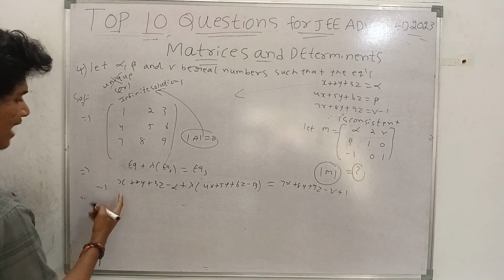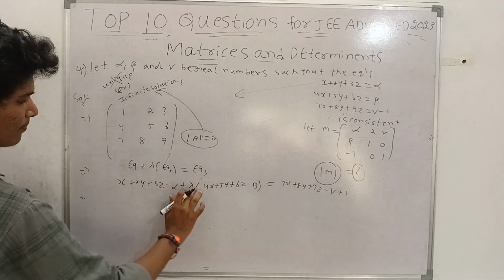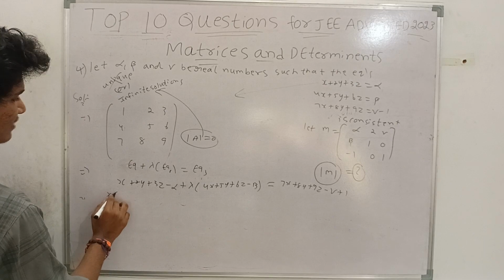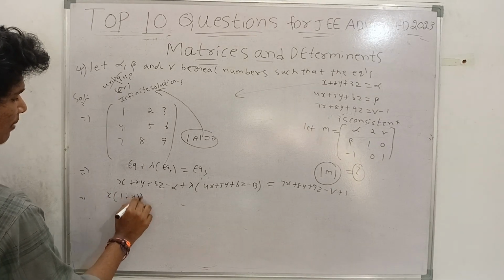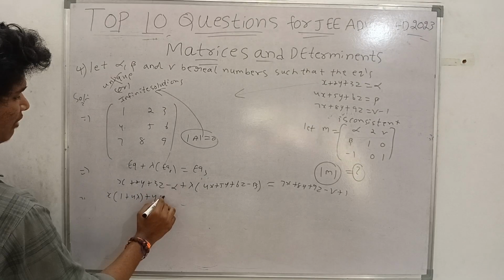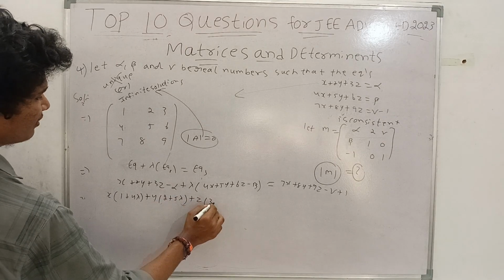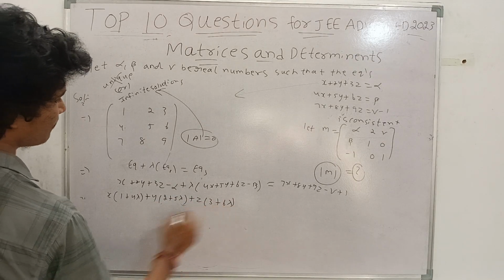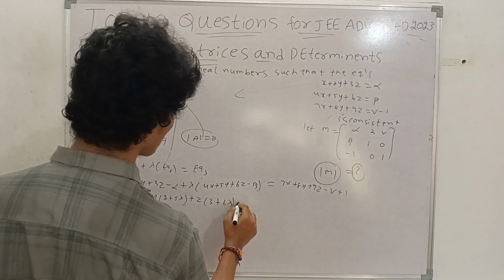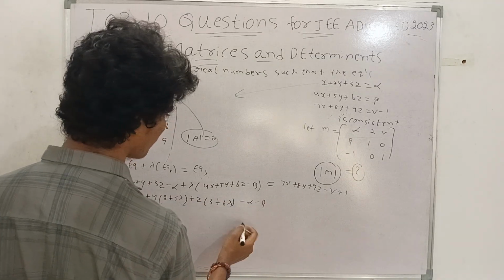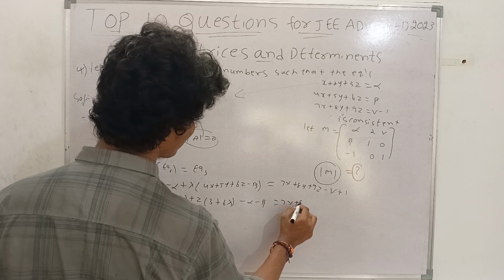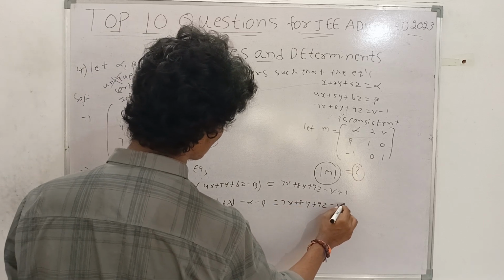Now we have to find the values. It is x. Here it is 4 lambda x. If we take x common, it will be 1 plus 4 lambda. If we take y common, it will be 2 plus 5 lambda. And if we take z common, it will be 3 plus 6 lambda. And the constant is minus lambda beta minus alpha, equal to 7x plus 8y plus 9z minus gamma plus 1.